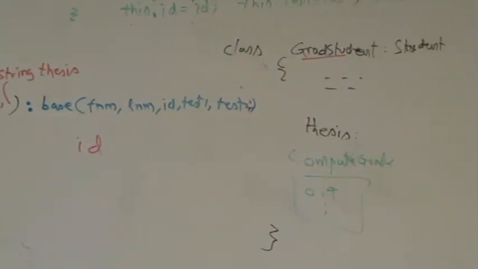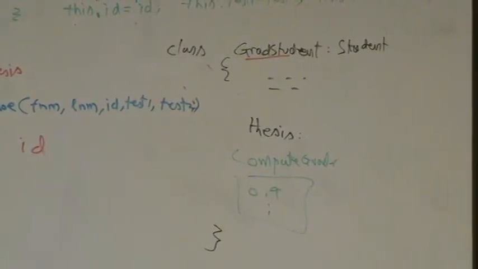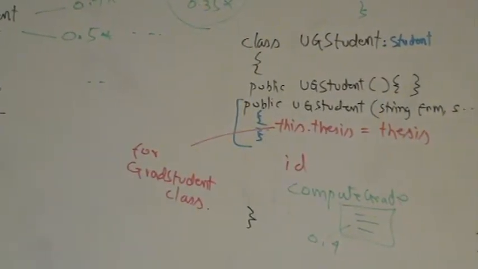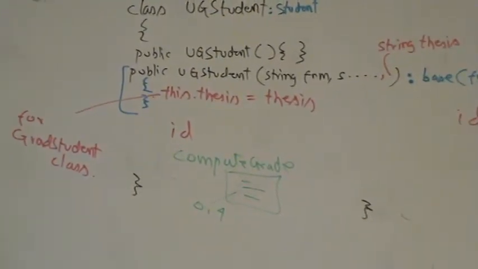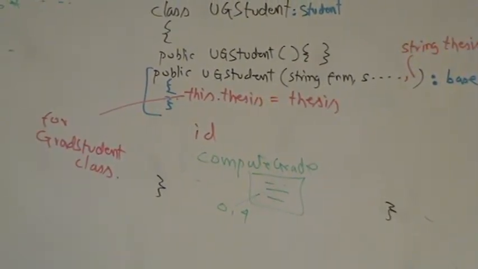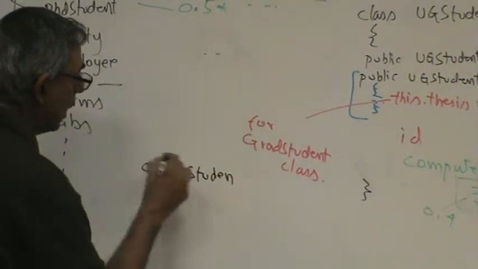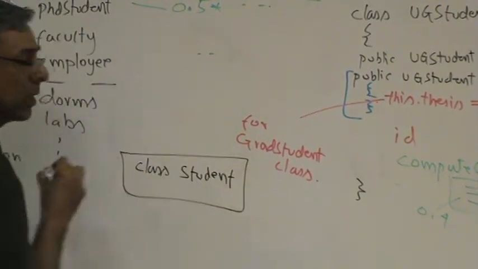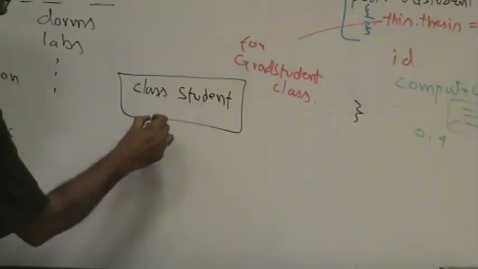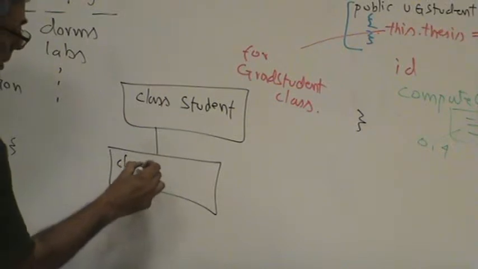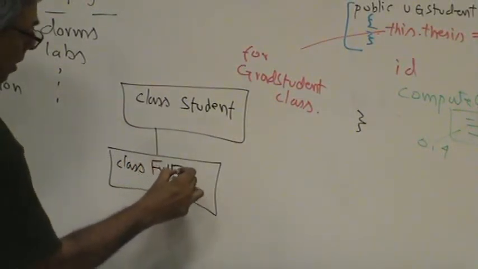See, in good object-oriented programming, as soon as you see yourself repeating code, that means you need to refactor again, okay? So my suggestion will be, do this. Create a class called student, which will act as the base of all students. Then from here, let's derive another class called full-time student.